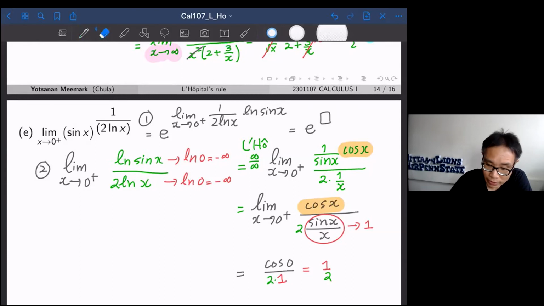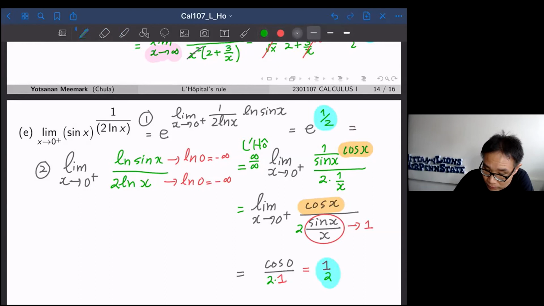So in this case, this is going to be 1/2, and you're just going to have square root e for the final answer. Okay, so it turned out to be square root e for the final answer. That's all.